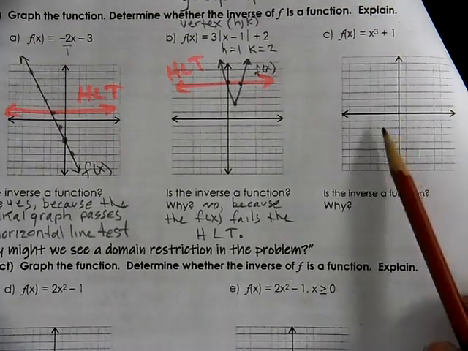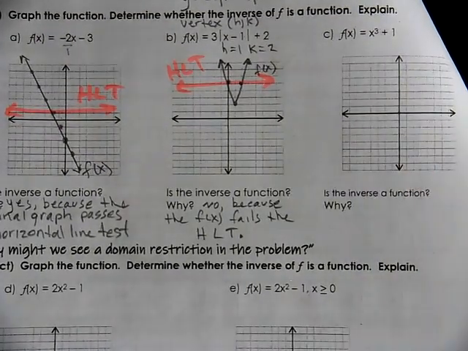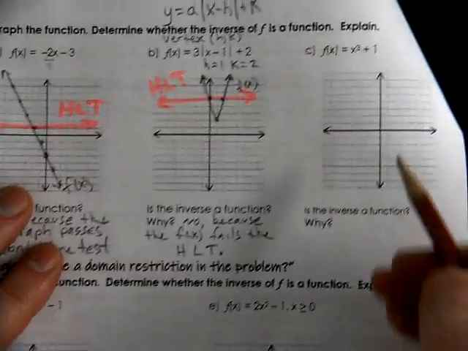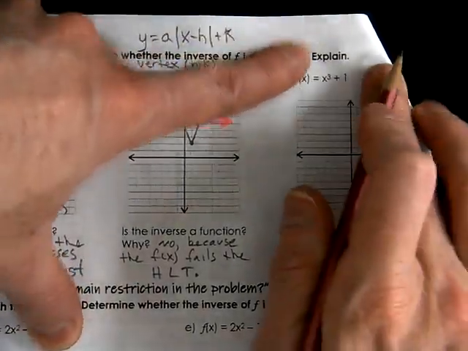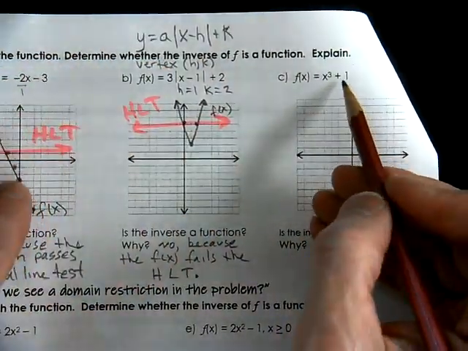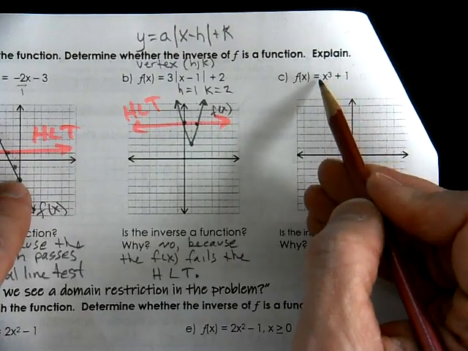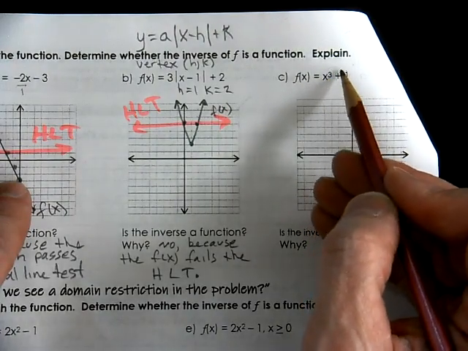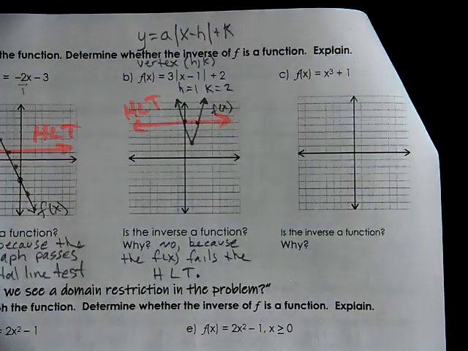Okay, pause the video, give this guy a try, see if you can graph x cubed plus 1. You'll probably have to plot some points. All right, to graph this one, there's a couple of different ways we could think about it. If you know what an x cubed graph looks like, we talked about it a little bit earlier on the flip side.